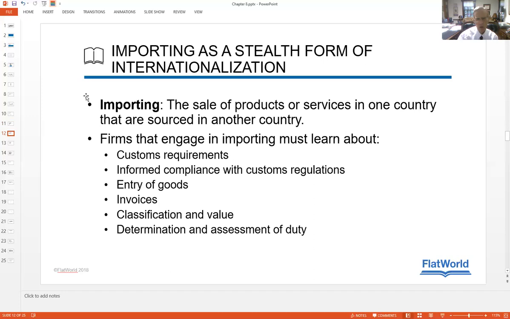Okay, this takes us to the next topic, which is not one of the big three, by the way, but rather it's a comment that is made in this chapter about importing. And it's just a cute little play on words to say that importing is a, quote, stealth form of internationalization.